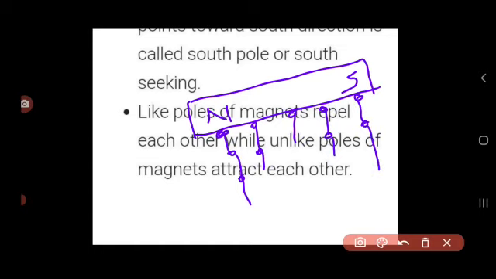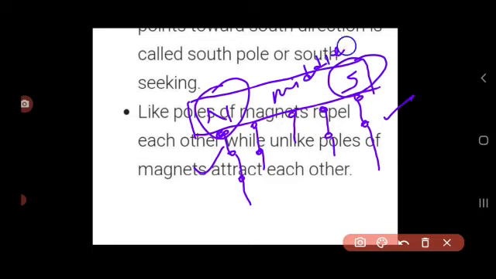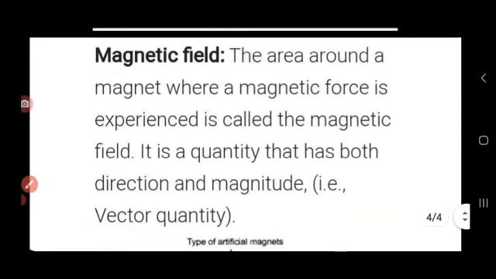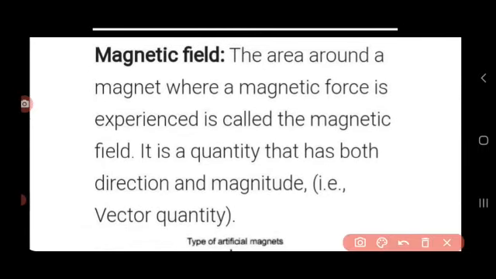Now, magnetic field. It is a region around the magnet within which its influence can be experienced. Means within that region, if you keep another magnet or magnetic substance, then that magnet or magnetic substance will experience a force, and this force is either attractive or repulsive in nature.